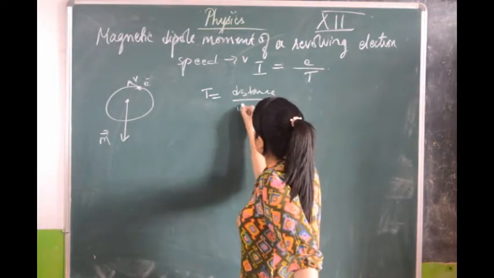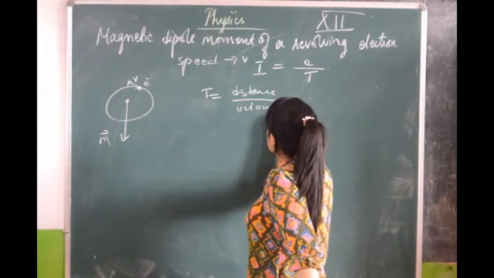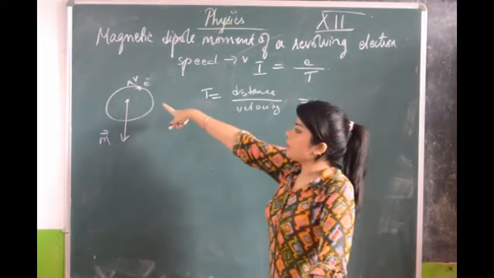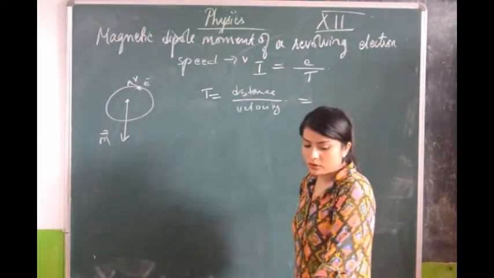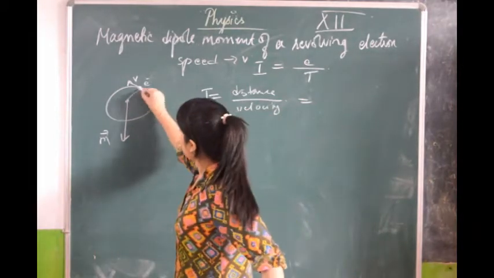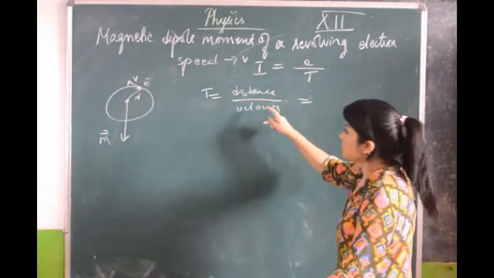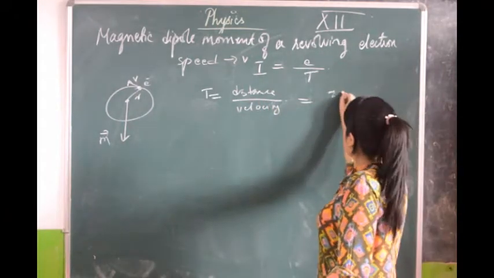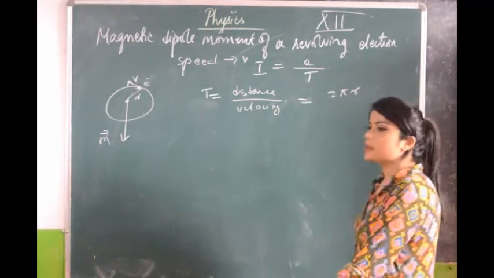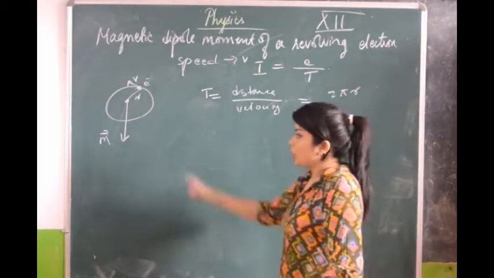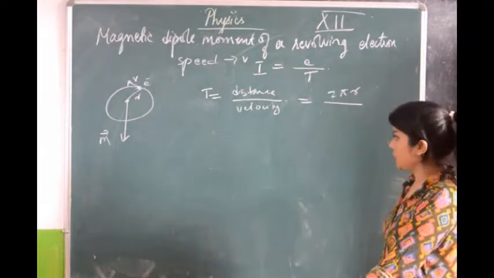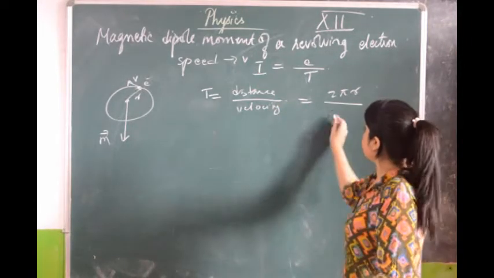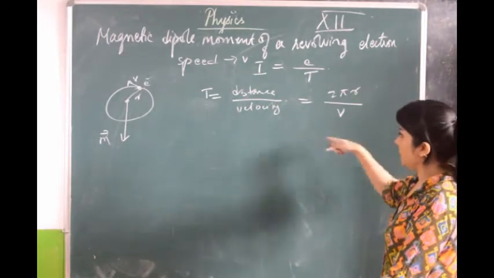Suppose the radius here is r. The distance covered by the electron will be 2πr, that is the circumference of the orbit. Velocity or speed is denoted by v. So this is your time period.